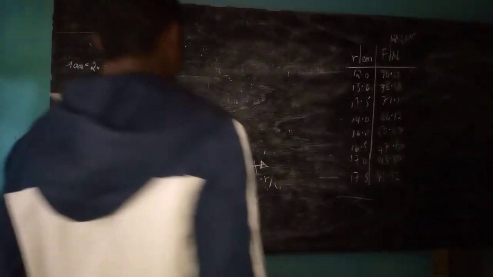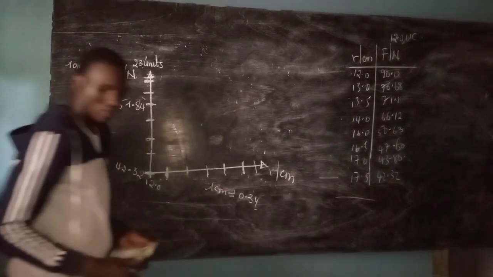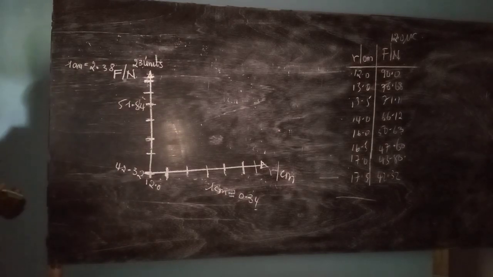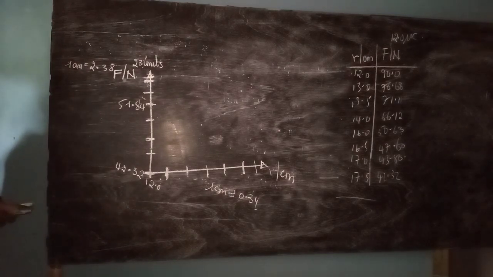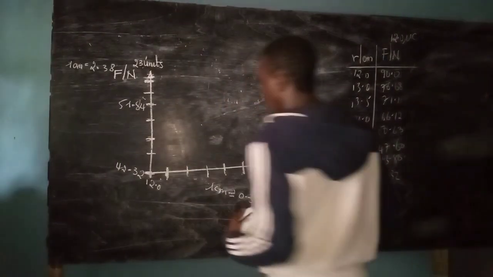Now, once we have chosen a correct scale, the next thing is, how can we use that scale to plot points on the graph? That's a very big question. How can you use that scale to plot points on your graph? Observe.